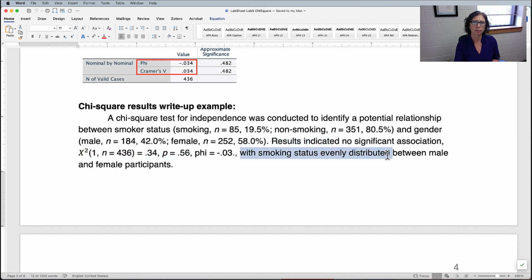And then I have a little bit of the interpretive statement, with smoking status evenly distributed between male and female participants. So pretty straightforward. We have all of our information in the stats line, and we even provided some descriptives within the write-up as well.